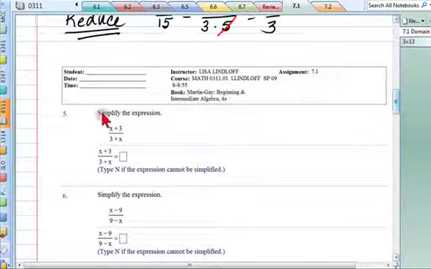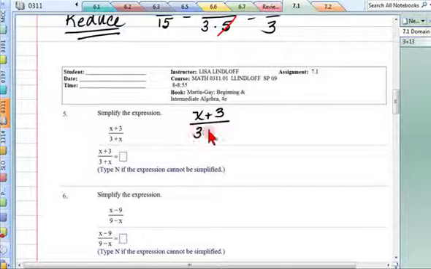The instructions say simplify the expression. We know that means reduce. That is x plus 3 over 3 plus x. The first thing you're going to need to ask yourself about any rational expression is, can I factor the top? Can you factor x plus 3? Well, is there a common factor?